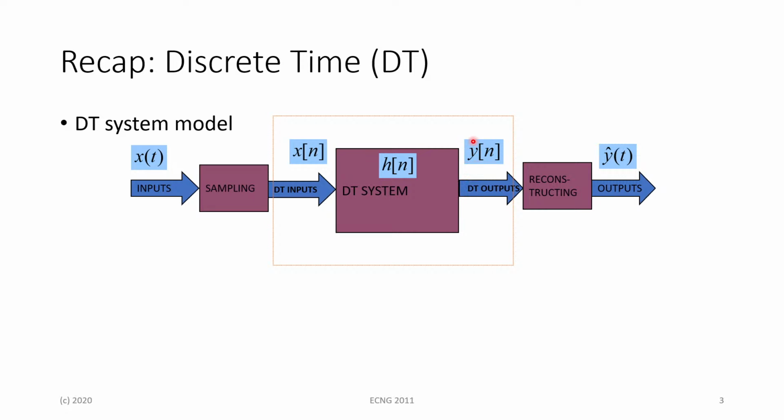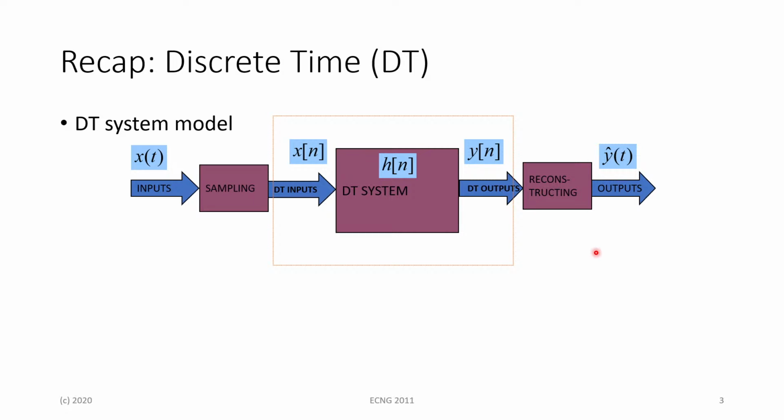And because this y of n signal is still in discretized time, if we require for it to get back into continuous time, that requires us first to reconstruct the signal from a discretized time signal here. So when you're doing signal reconstruction, you basically get an approximate version of what the y of t signal should be because of this reconstruction process here.